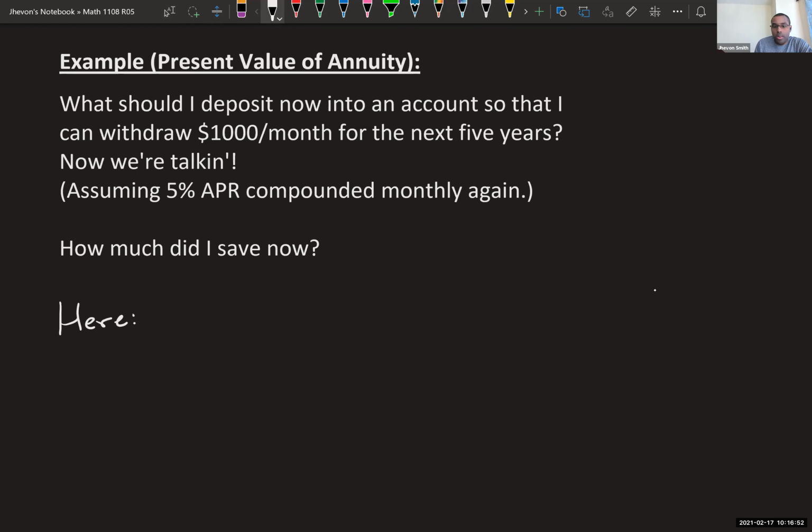Okay, so here I know the following. I want to receive payments of $1,000. I am assuming that I'm getting a 5% return compounded monthly over the next 5 years. Okay, so under those assumptions, how much do I need now? Right?